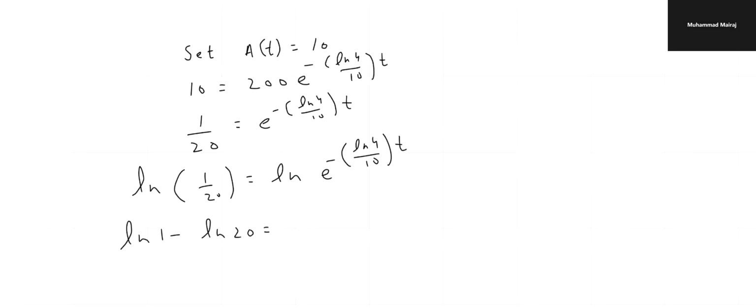And here we will have minus ln of 4 divided by 10 times t into ln of e, and ln of e is 1.